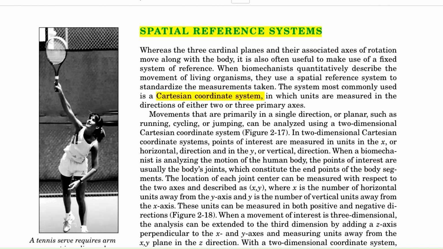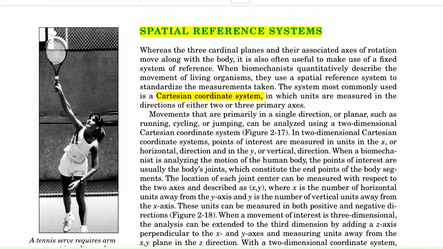Typically in 3D biomechanics, the z-axis is vertical and the x and y axes are horizontal. This system is useful for activities like swimming, gymnastics, or throwing a ball.